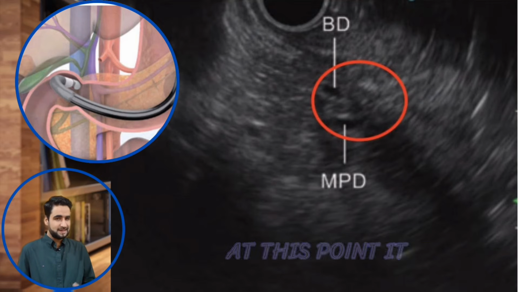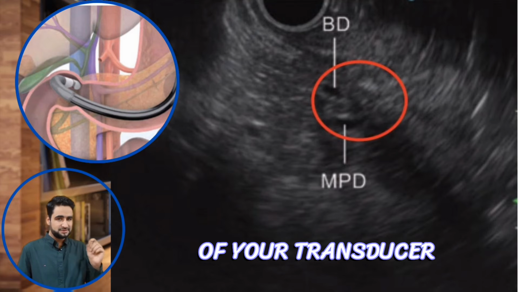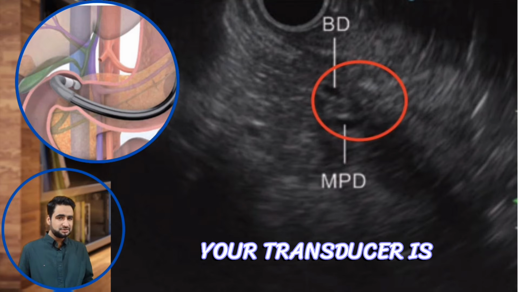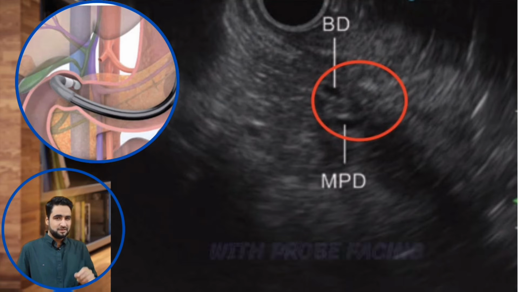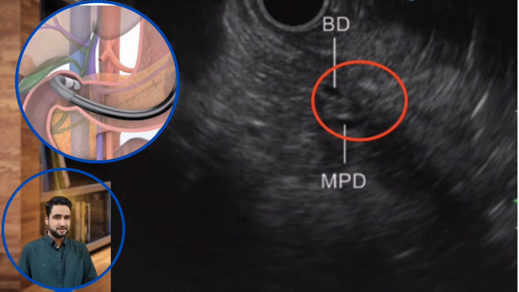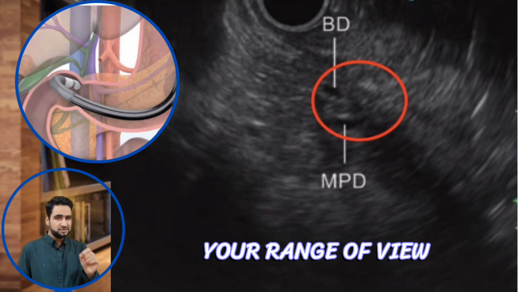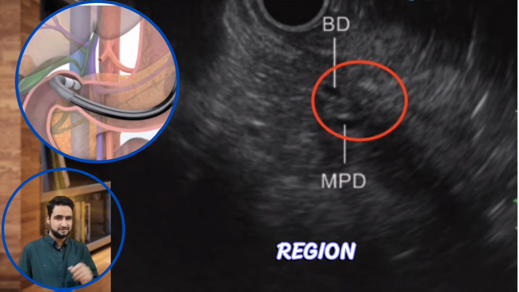That's why here in this case, the oval anechoic structure closer to the probe is the bile duct instead of the pancreatic duct. At this point, it is important to know the position of your transducer. Your transducer is placed more or less in a horizontal plane, with the probe facing downwards and posteriorly. That is why in your range of view is the distal part of the bile duct and the pancreatic head region.